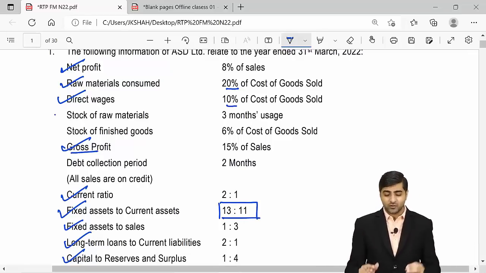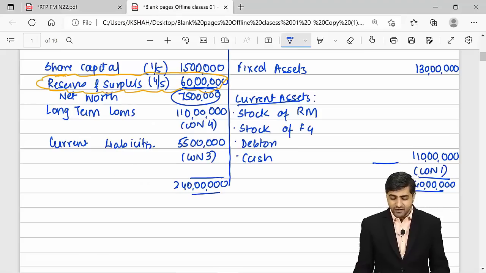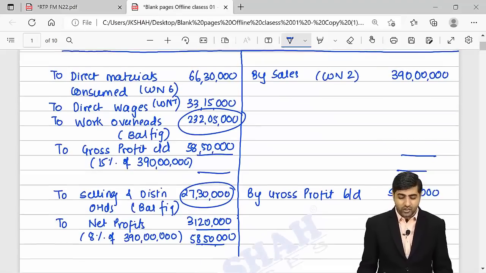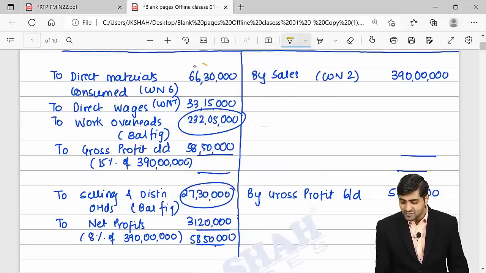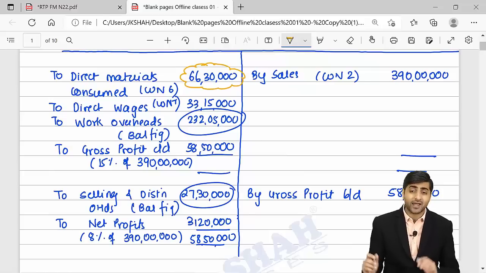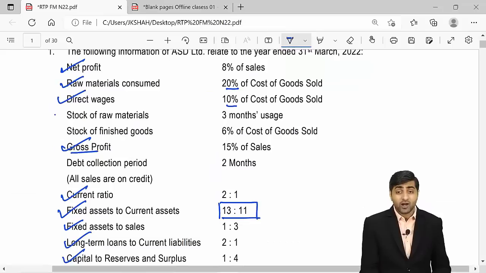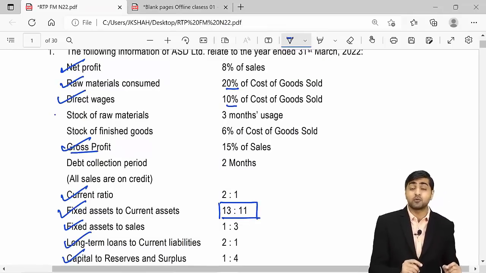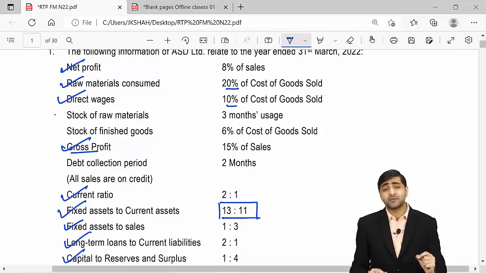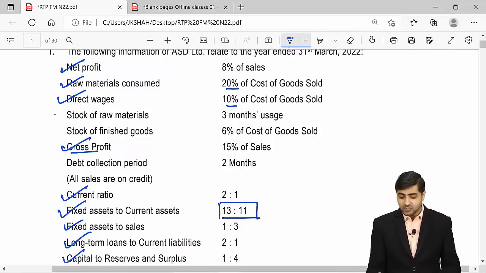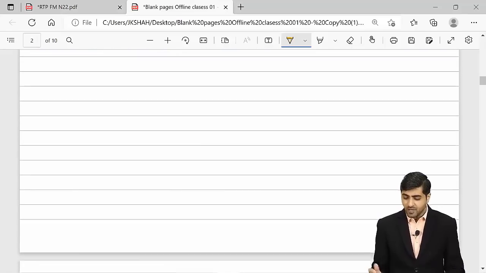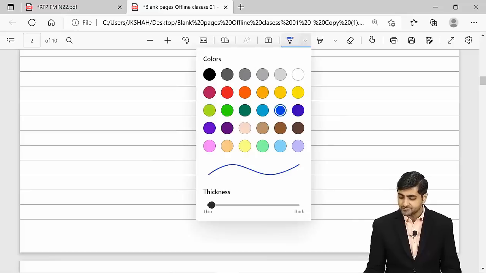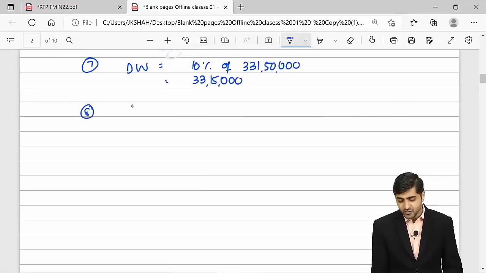So one of the best ways to understand this is, that when we have your RMC or your direct material consumed as 66,30,000, can I say this is your 66,30,000 on per annum basis? Now, for how much period of time is the money getting blocked in your stock? So that is given to you as your 3 months. So basically we can always calculate your stock like this by preparing working note number 8, and this will be your stock of raw materials.